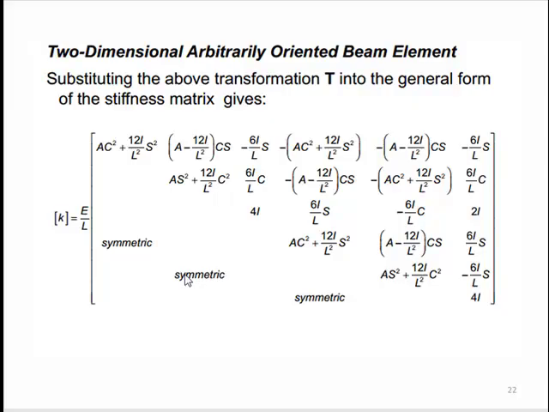This is a much more complicated 6 by 6 matrix, the stiffness matrix for a beam element which is arbitrarily oriented and has axial force, shear force, as well as bending moment. So this is probably the most comprehensive type of element that we have studied till this point.